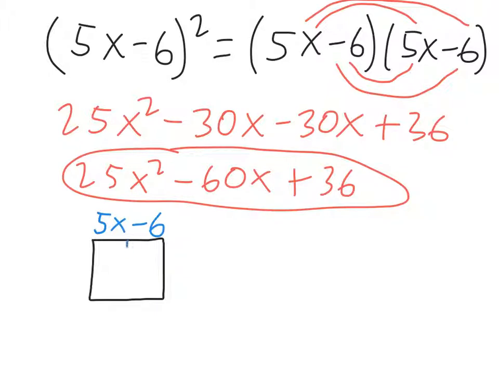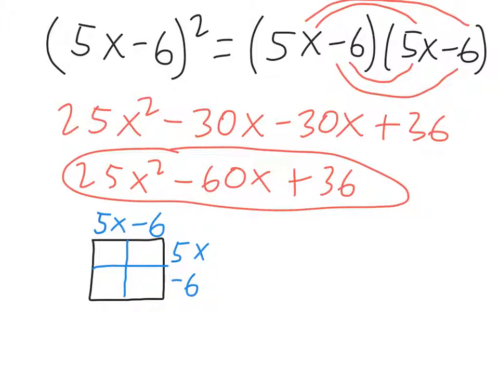So if we break this up to 5x and negative 6, well, we don't have a square anymore. So we have to treat it like any other rectangle and still have the 5x and minus 6 on the other side.